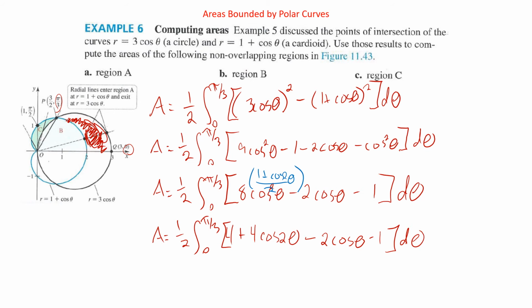So antiderivative, we'll have 1/2. The 3 becomes a 3 theta. The 4 cosine 2 theta, that'll be sine 2 theta, but we have to divide by 2, so that'll be plus 2 sine of 2 theta, and then minus 2 sine theta. We're going to go from 0 to pi over 3.